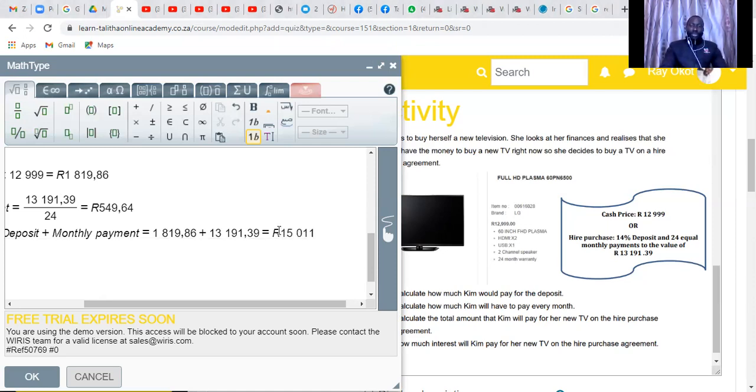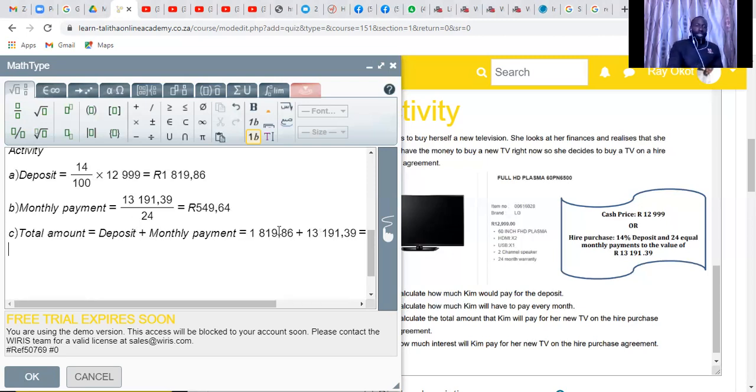That is what you will have to pay, when you add the initial deposit and the amount of money that she is going to pay over a period of 24 months.